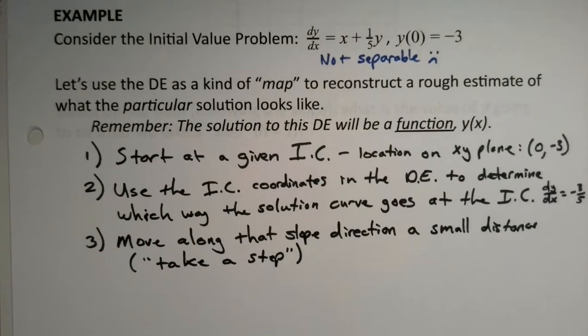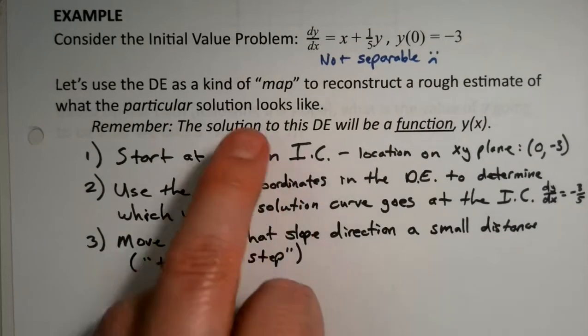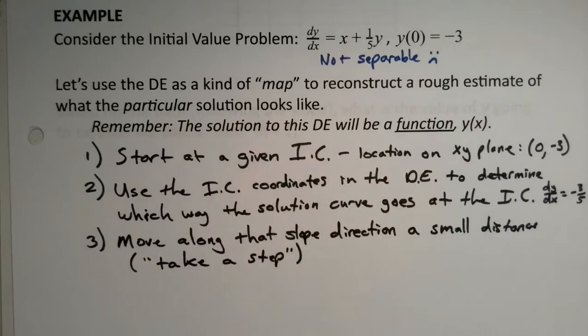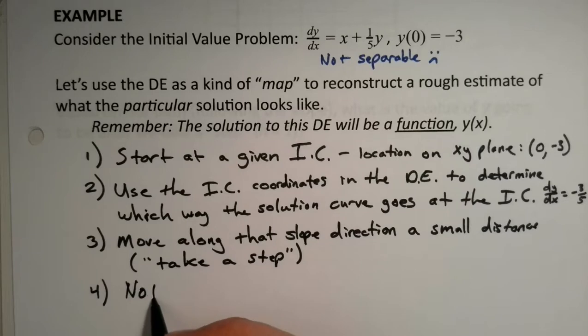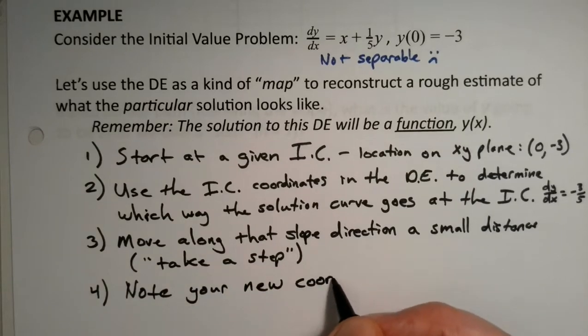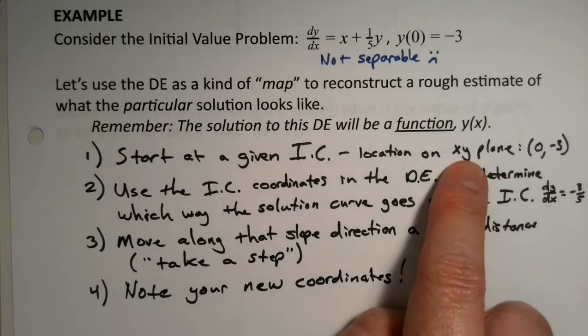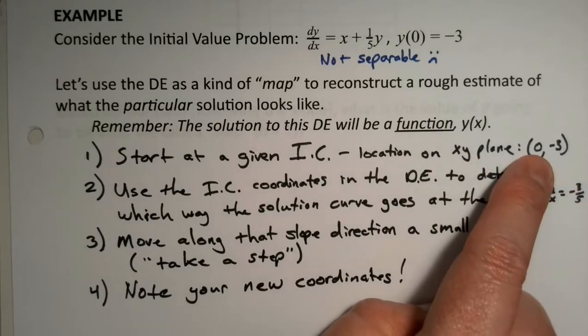So we're going to move along this direction, the -3/5 slope line, and in your head you can imagine -3/5 is kind of going down, and we're going to move a small distance. Step 4 says, okay, now that we've moved a small distance in that direction, note your new coordinates. And now that you're at a new place, a new point on the xy plane, you've got a new set of coordinates.